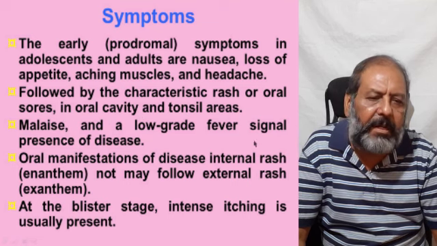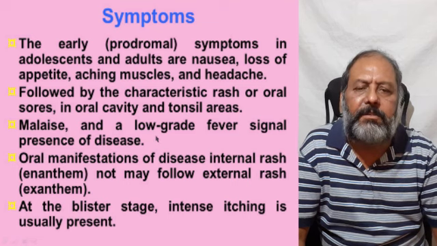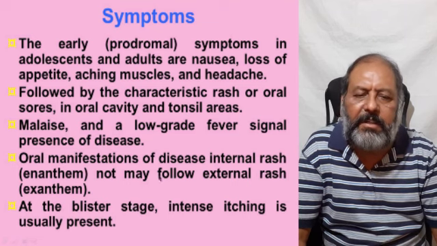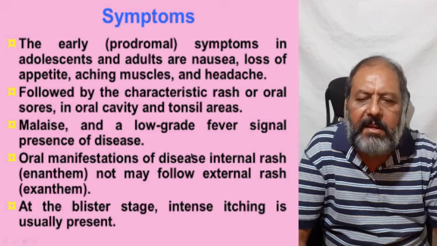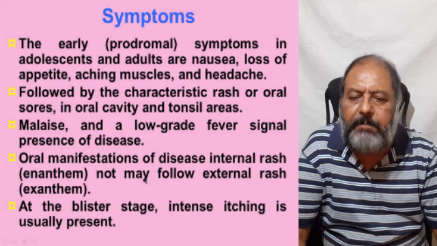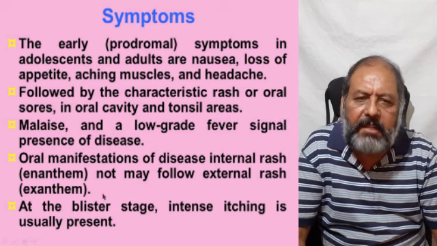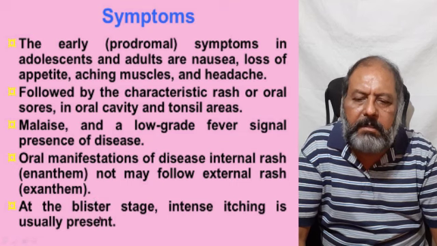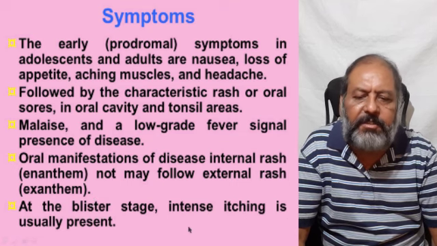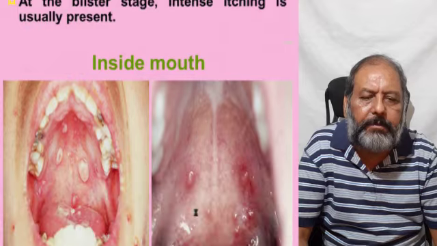Malaise and a low-grade fever signal the presence of the disease. Oral manifestation of the disease, the internal rash, enanthem, may follow the external rash, exanthem. At the blister stage, intense itching is usually present.